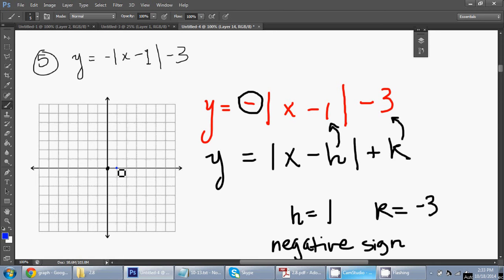Then because this graph is flipped, we graph y equals absolute value of x upside down. If I graph it upside down, it's going to look something like this. And there's your answer: the graph of y equals negative absolute value of x minus 1, minus 3.